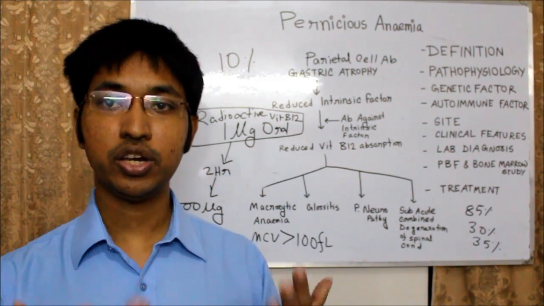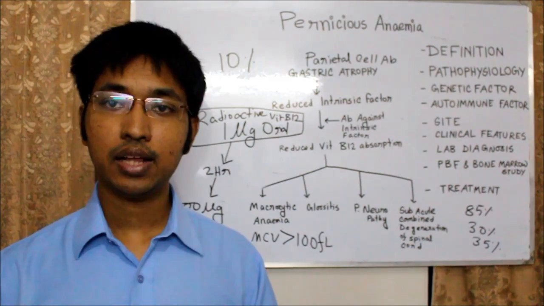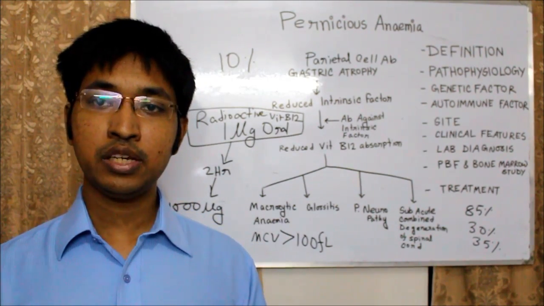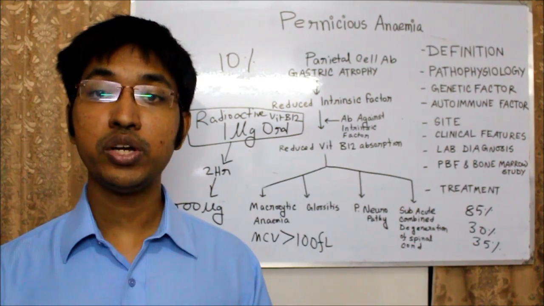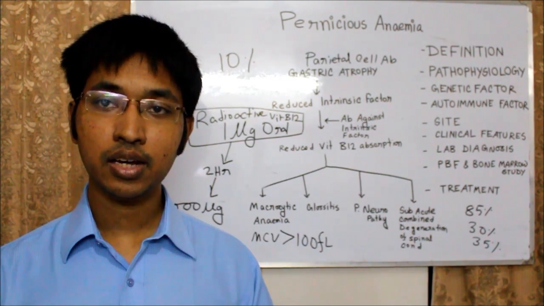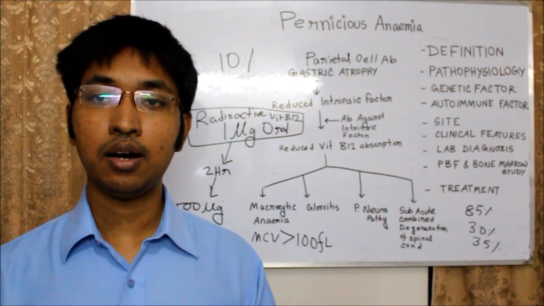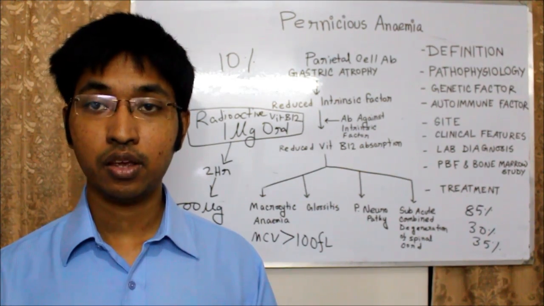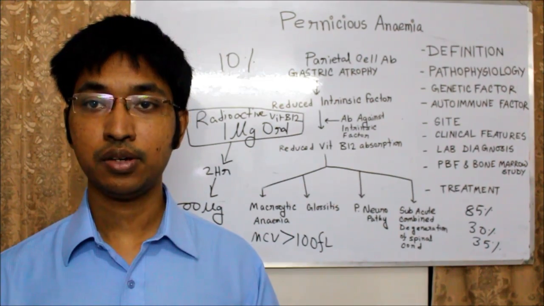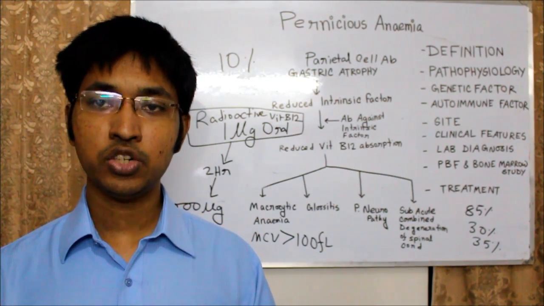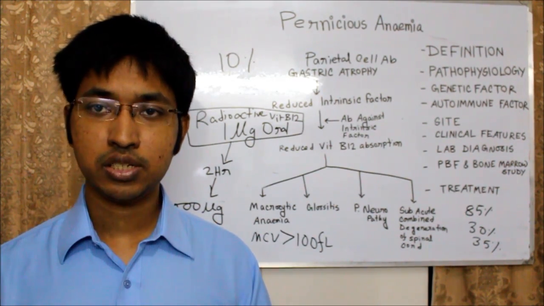That is the initial dose or the loading dose, and then we will give 1000 microgram at 1 month or 4 weeks interval, and after that we will give 1000 microgram at 3 months interval for life. So that is our treatment plan for pernicious anemia.